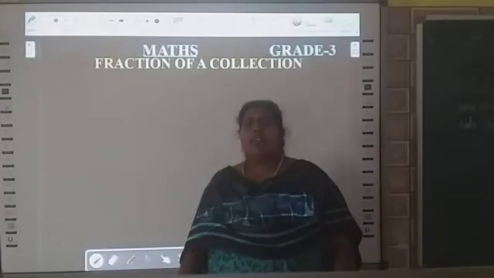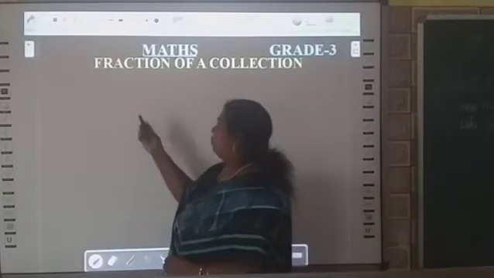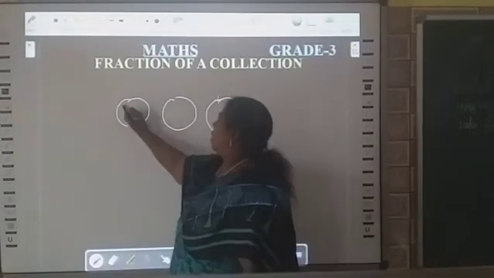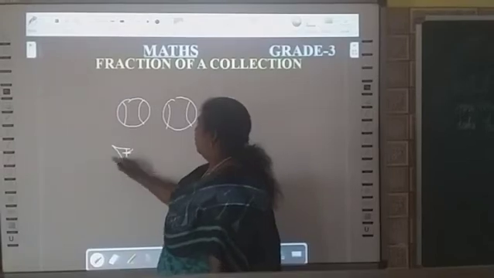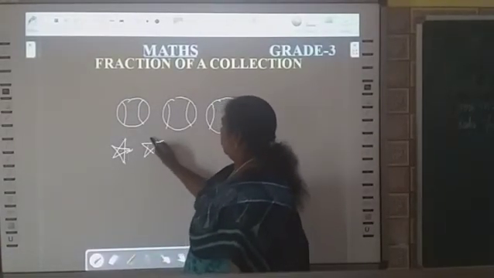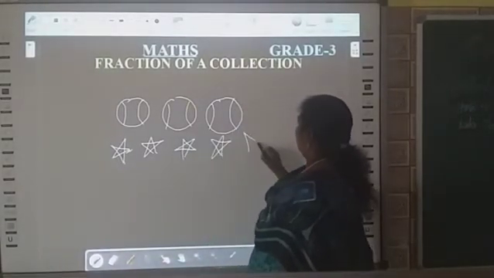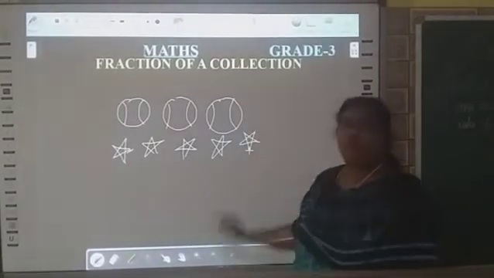I think you got some idea about collection of your fraction, isn't it? For example, here's some balls, okay? 3 balls are here. Here how many stars? 1, 2, 3, 4, 5 stars.